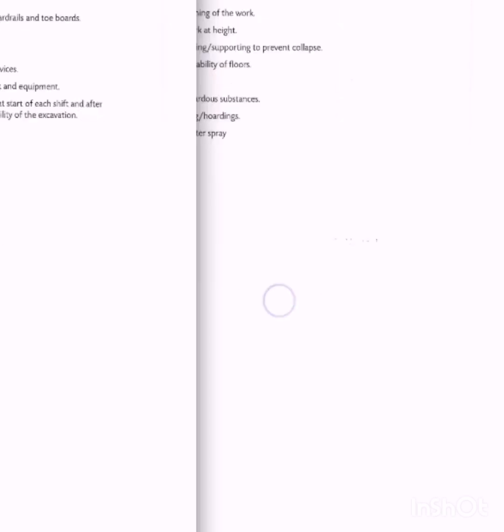Then carefully position the routes of vehicles, right? Where other vehicles should go, you should always give them direction. Then inspection by a competent person before using any equipment, at the start of each shift, and after any event, right? You should always do inspection of all equipment or the excavation that is going on.